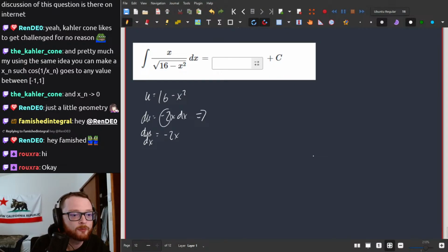I'm going to bring this minus 2 over to the other side. Minus 1/2 du is x dx. And notice we have an x times dx here in the integral. So that part can become a minus 1/2 du.